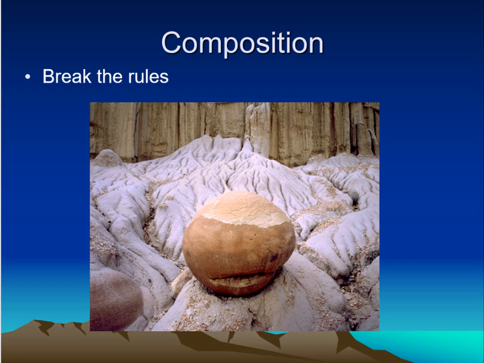Then if you want to look at the wall behind, that's sort of a 1/3 coming down from the top. So this picture works very, very successfully with a variety of compositional elements included, as well as what some people call breaking the rules, which was centering a subject. But in my opinion, all of the other elements support this rock sitting there in the center of the frame. So try them all.